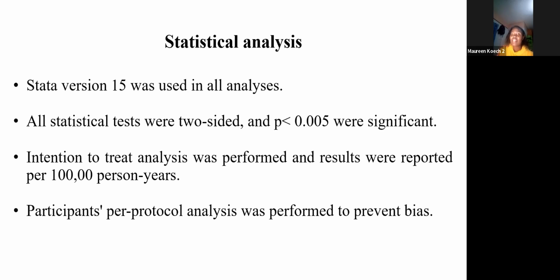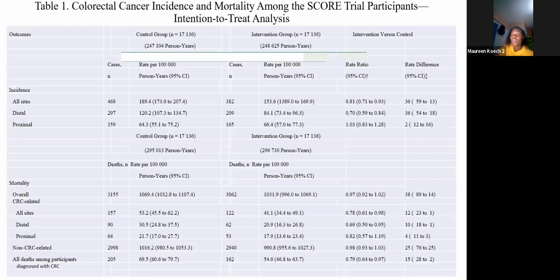Some of the analyses conducted included intention to treat analysis and a per protocol analysis, performed to prevent bias. On the results, that is on the intention to treat analysis, specifically on incidence, it was found that on all sites, that is generally amongst all respondents who are screened using single flexible sigmoidoscopy screening, the chances of getting colorectal cancer were reduced by 19%, and this equated to 36 cases of colorectal cancer being prevented from occurring.